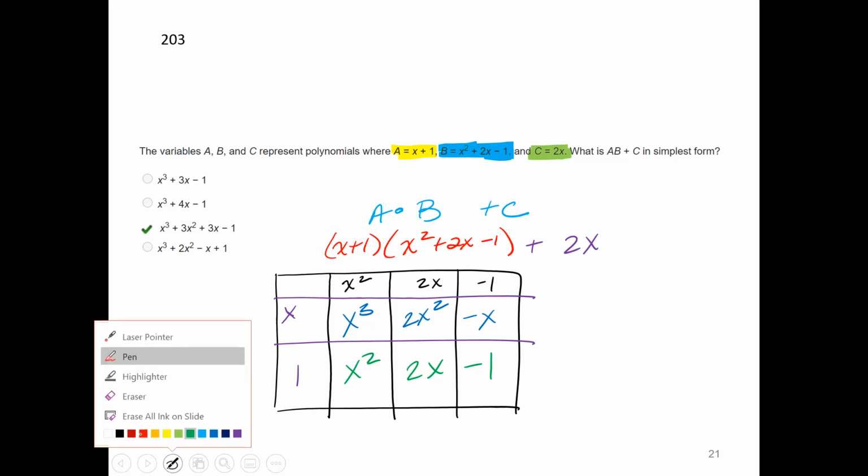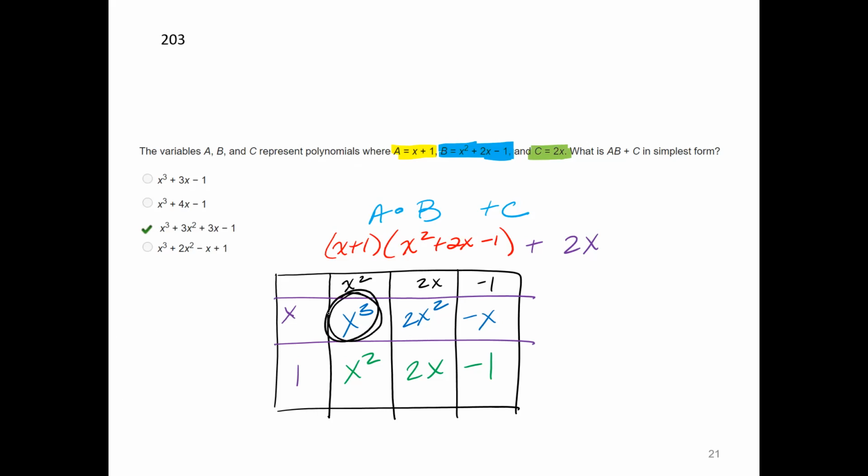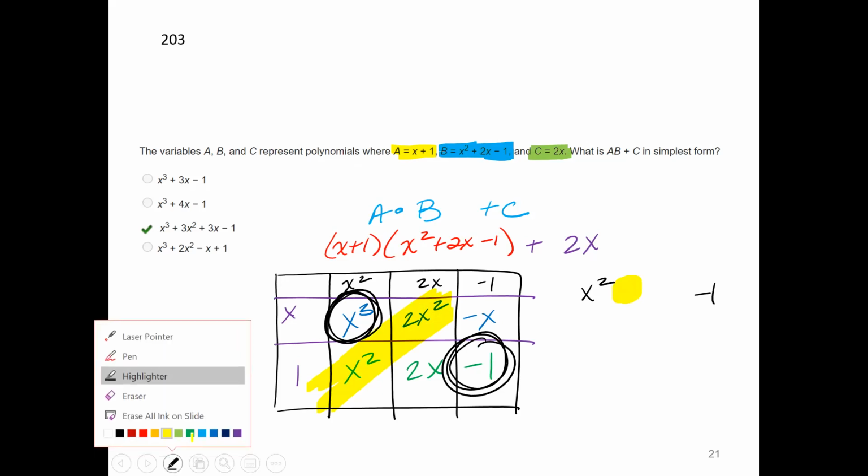Okay, so then remember your first answer is always going to be the top left corner, so x to the third. Your last answer is always in the very bottom. And then you're like, what are my answers in the middle? Your answers in the middle are diagonal, like that. Look at the yellow part. Look at the orange part.